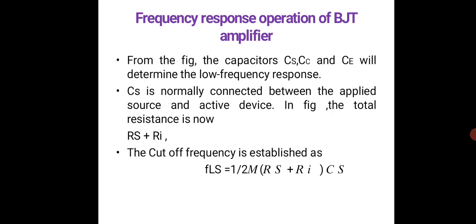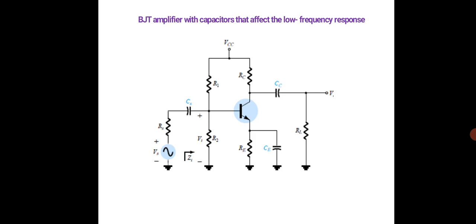CS is normally connected between the applied source and the active device, and the total resistance is now Rs plus Ri. So the cutoff frequency is established as fLS equal to 1 divided by 2π into (Rs plus Ri) into CS.